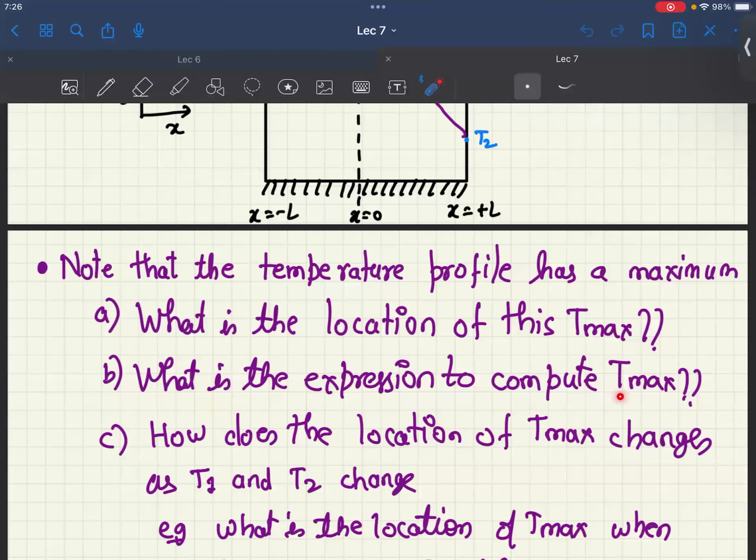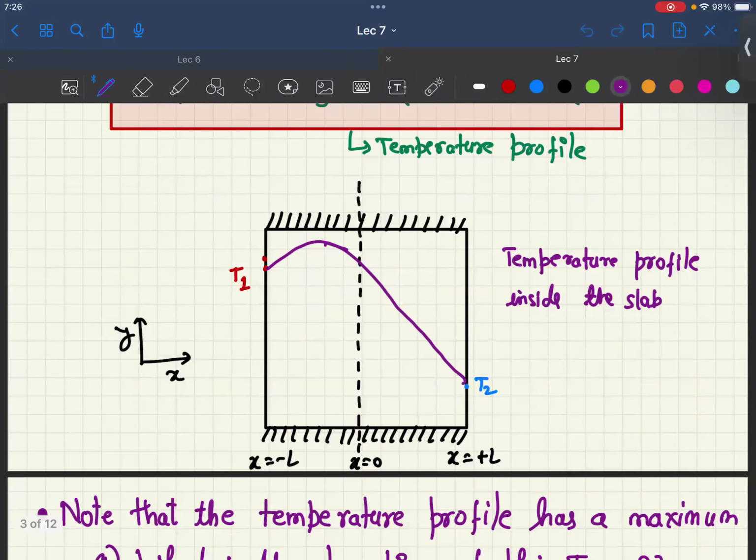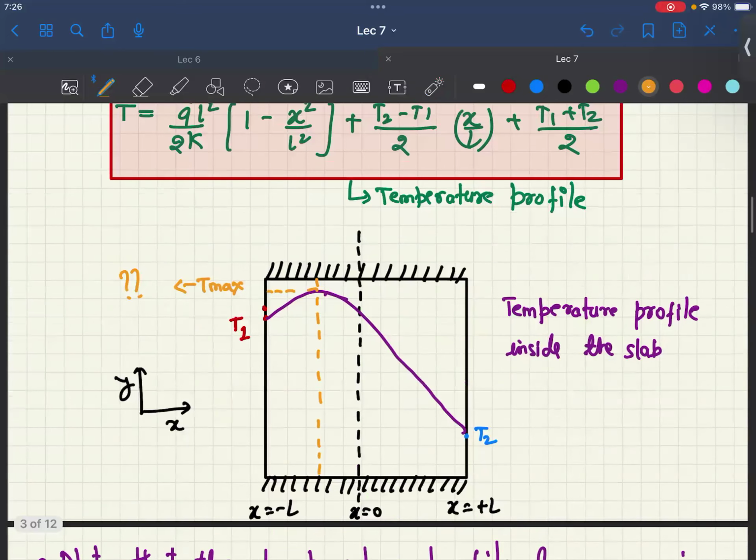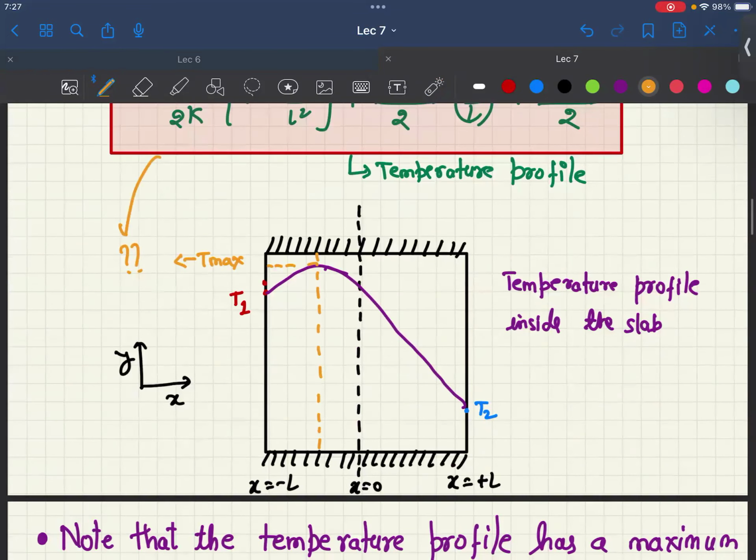Let's say, for the example, this is the location at which you have Tmax. Now we ask ourselves, what is this Tmax? How do I compute this Tmax using the temperature profile which we derived, right? From this, how do I get it? How do I compute the Tmax? Then the second question is, what is the location at which this Tmax occurs?